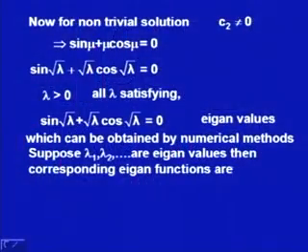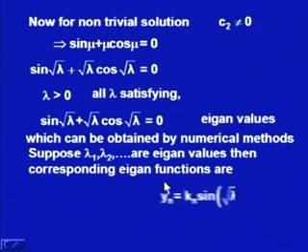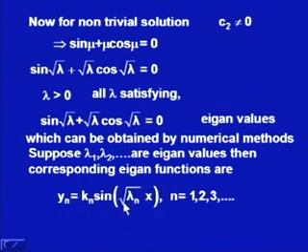eigenfunctions would be, so suppose lambda 1, lambda 2, are those which satisfy this equation; there would certainly be more than one value, they are eigenvalues. Then the corresponding eigenfunctions are k n sin square root lambda n x for n equal to 1, 2, 3. So, this n we are using for the different values of lambda for which this equation is satisfied.